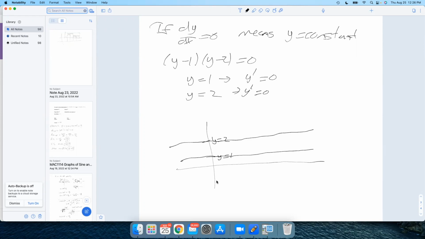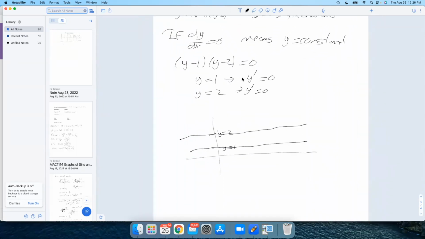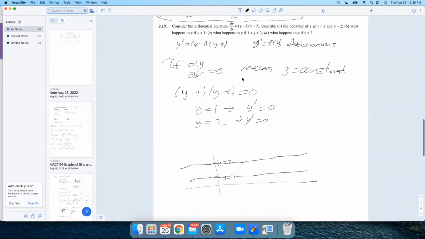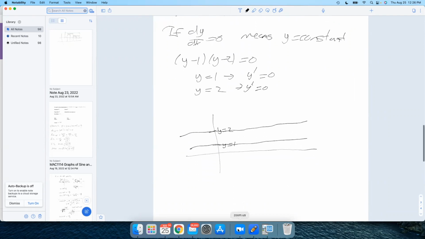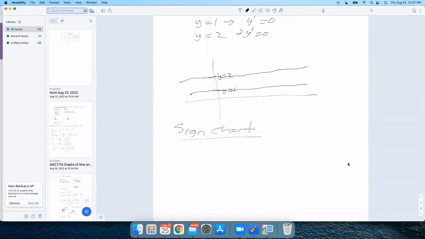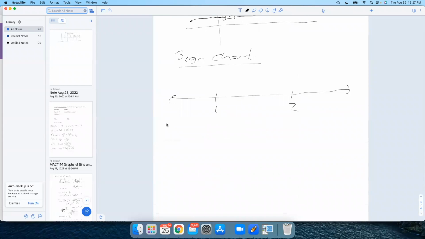Now, what's interesting is we can use the DE to get a feeling for what the other solutions might look like by building a sign chart. So let's build a sign chart, just like you did back in pre-calc, in college algebra, and so forth. So I've got here my two autonomous constant solutions, 1 and 2. I'm going to do this the way I would do it in a college algebra class.